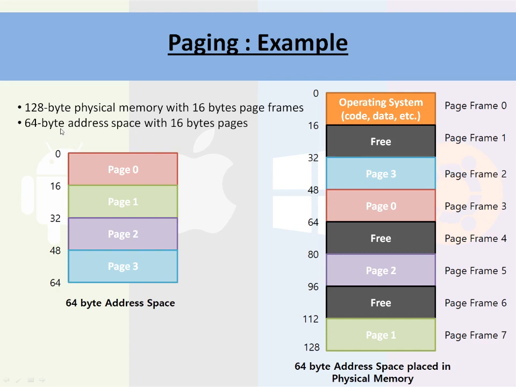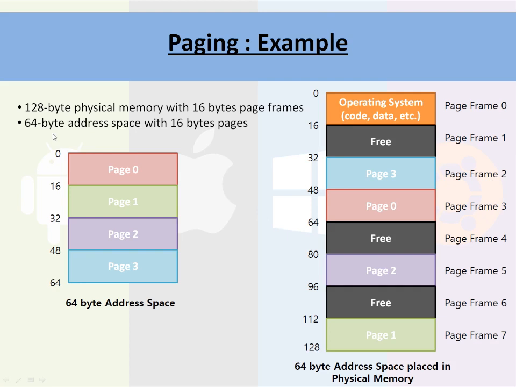Well, it says that we have a 128 byte physical memory with 16 byte page frames. So this 128 byte physical memory is divided into chunks of 16. If you do the math, 128 divided by 16 gives you 8, and you can see here we have 8 page frames.